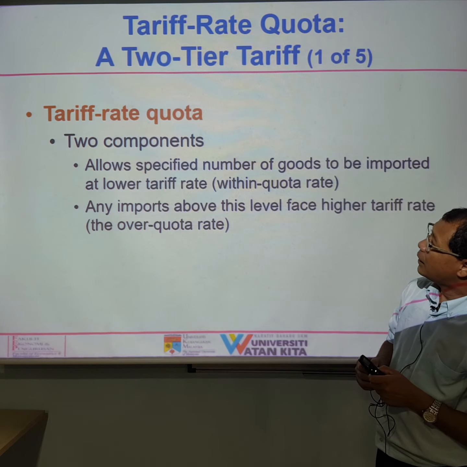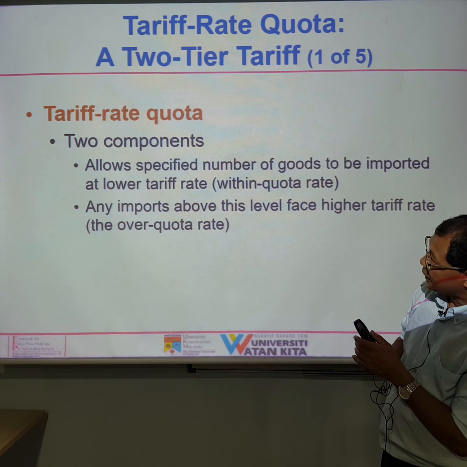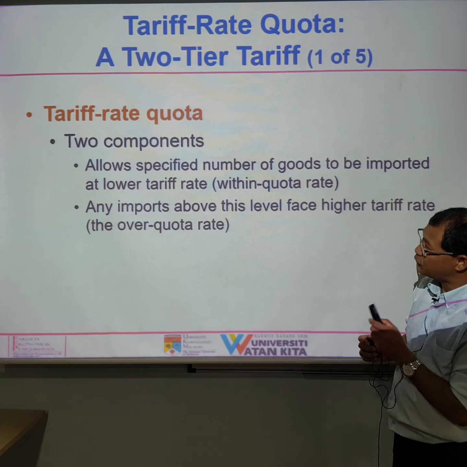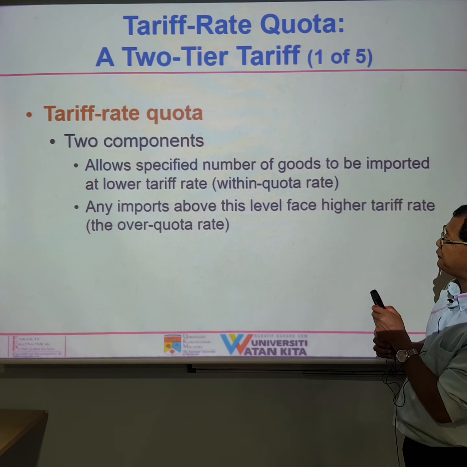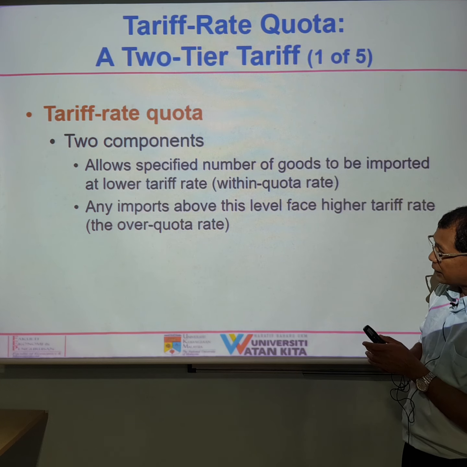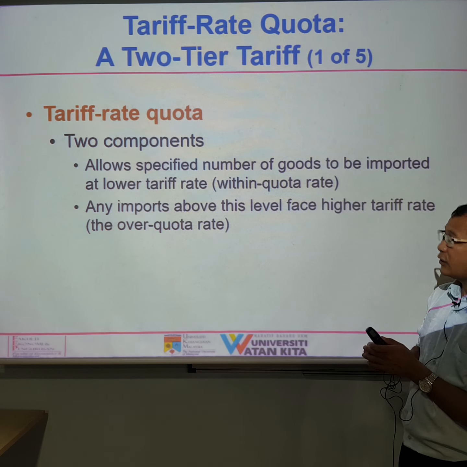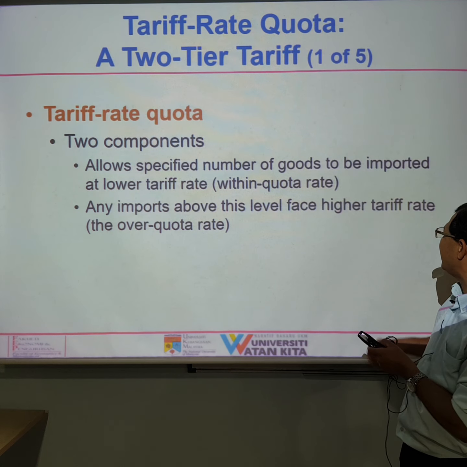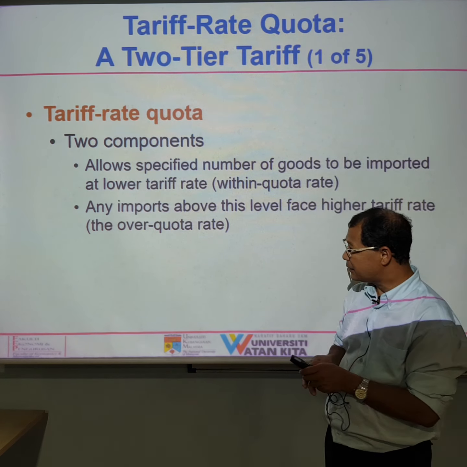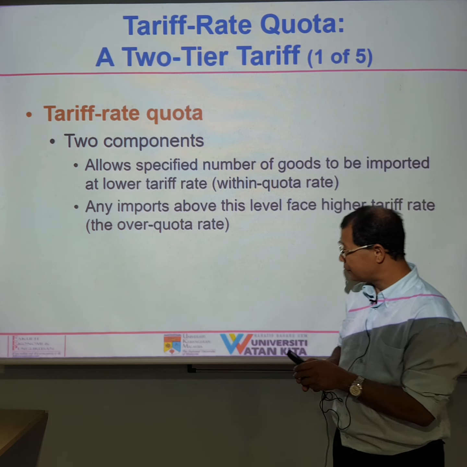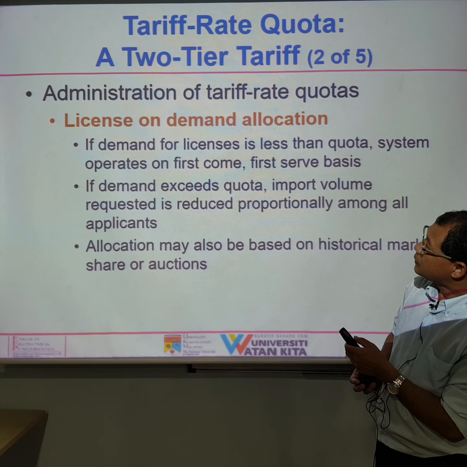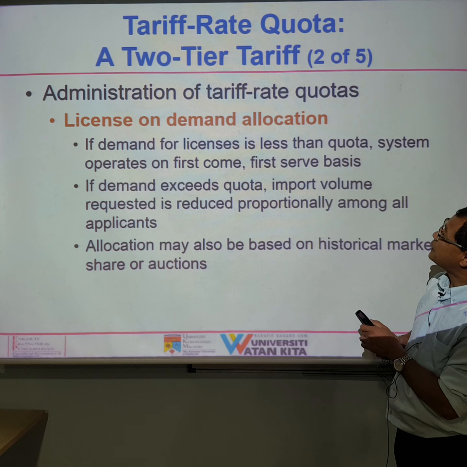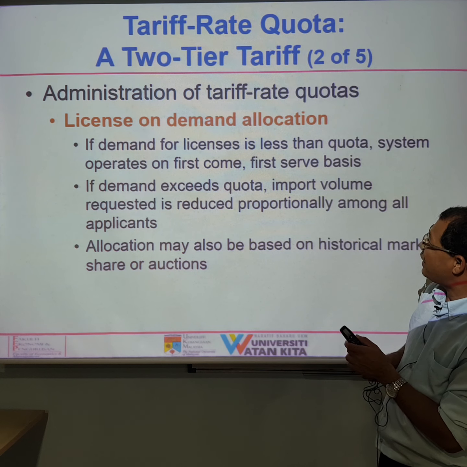Now, this is reading. Tariff rate quota has two components. It allows a specified number of goods to be imported at a lower tariff rate, the within-quota rate. Any imports above this level face a higher tariff rate, or the over-quota rate. Administration of tariff quotas: license on demand allocation.